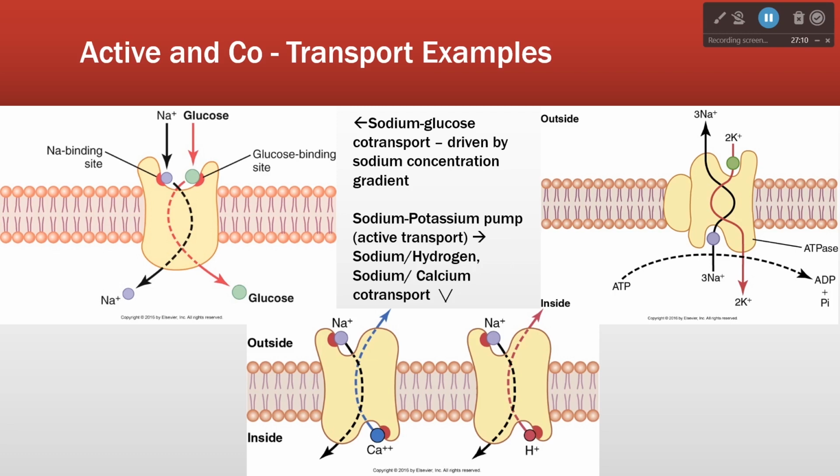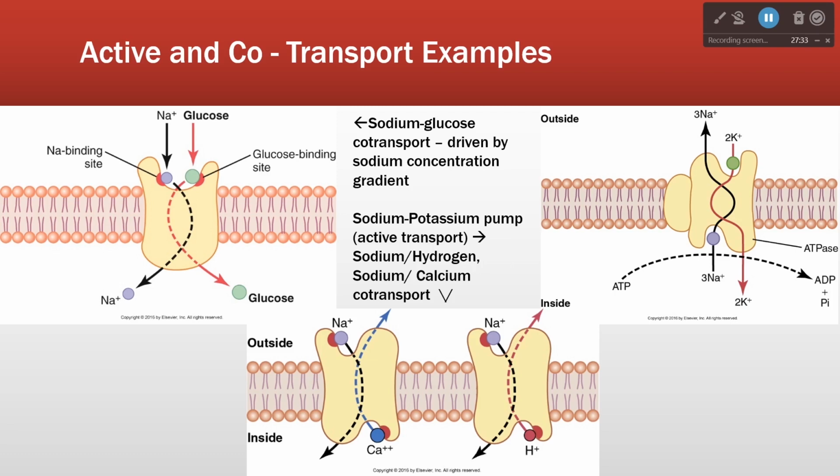That's easy. But our cells are very efficient, so they don't want to burn ATP if they don't have to. So sometimes what our cells will do is this little trick where the cell will move one thing up its concentration gradient using the power of something else moving down. So you see sodium is going from outside the cell to inside the cell, right?